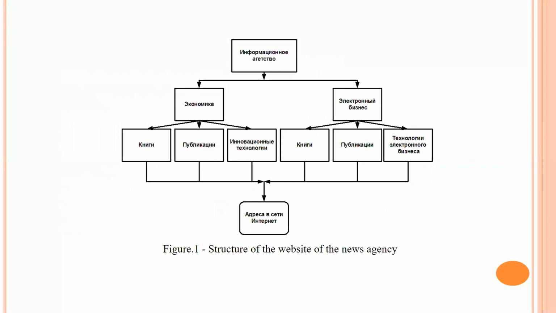At first, information agency, then economic, electronic business, books, publications, innovation technologies, and the technologies of electronic business. And all of this concludes with the address of the internet.